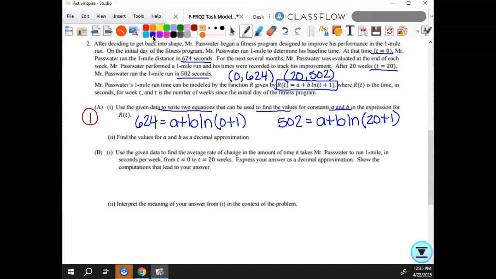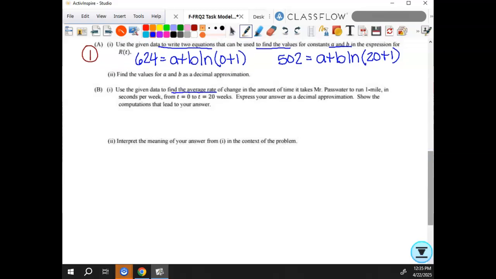A2, I'm going to have to use the calculator in a minute. So let's go to B1. It says use that to find the average rate of change from t equals 0 to t equals 20. So you go ahead and set up your average rate of change on your own.